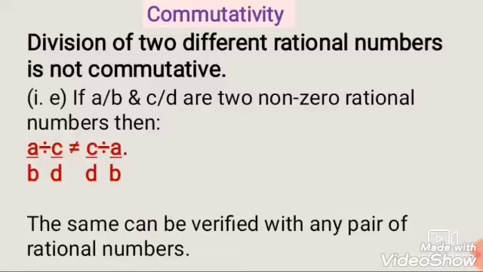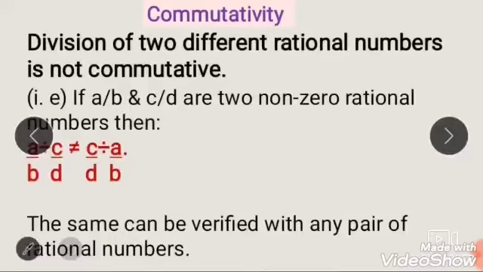The same can be verified with any pair of rational numbers. Division of two different rational numbers is not commutative. That is, if a by b and c by d are two non-zero rational numbers, then a by b divided by c by d is not equal to c by d divided by a by b. The same can be verified with any pair of rational numbers.